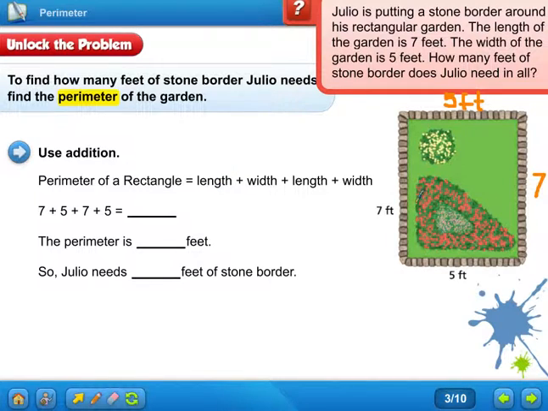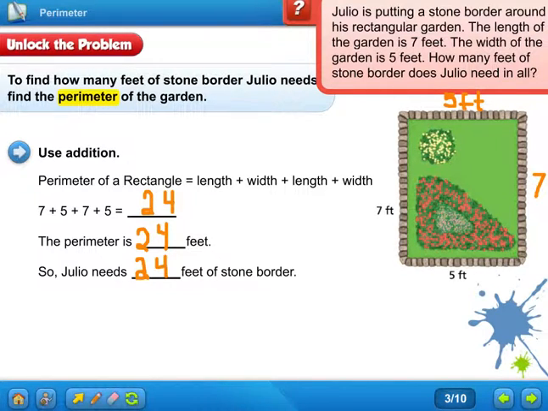And that is, if you said 24, you are correct. 24 feet. So Julio needs 24 feet of stone border. 24 feet to get around there.